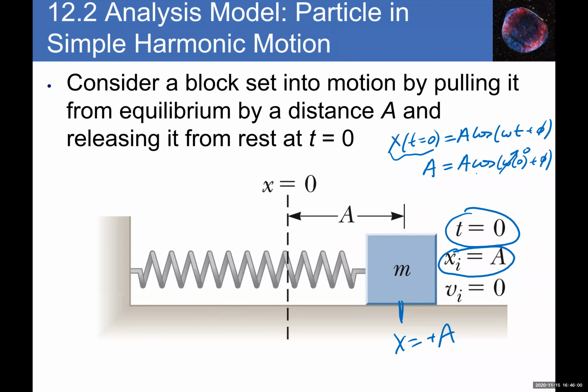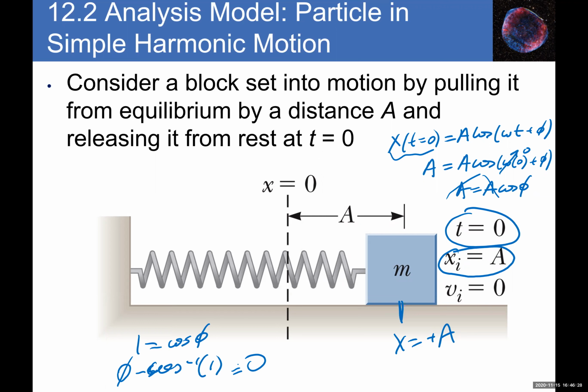So that's why this term goes to 0. So it becomes A equals A cosine of phi. I can cancel the A from both sides, and I end up with 1 equals cosine of phi. And phi here equals the inverse cosine of 1, which gives me 0.